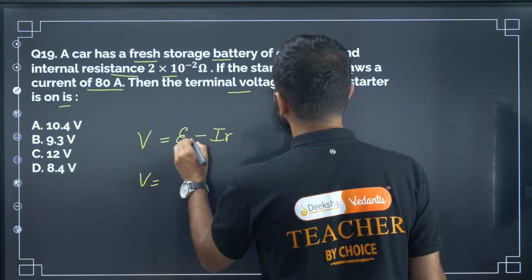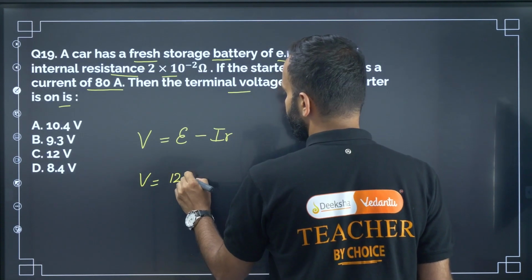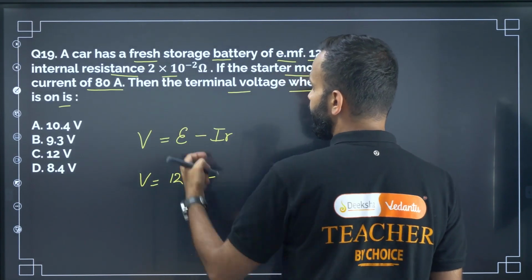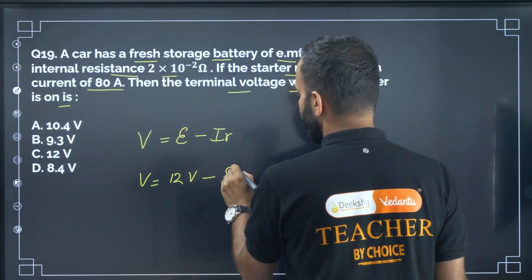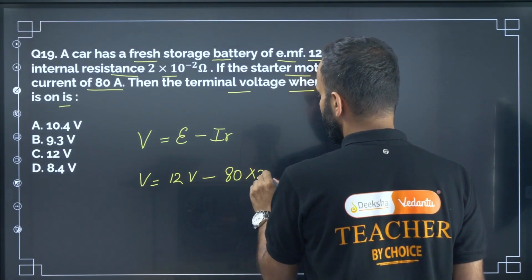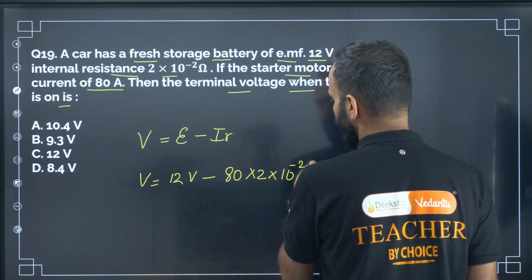So V equal to E is 12 volt minus I is 80 ampere into 2 into 10 to the power minus 2 volt, right?